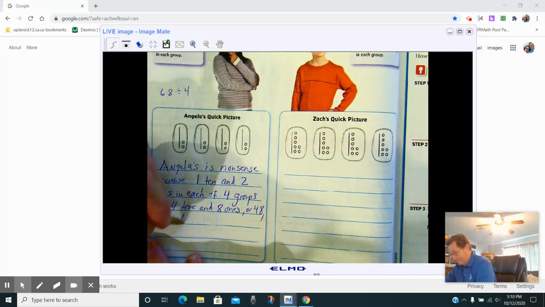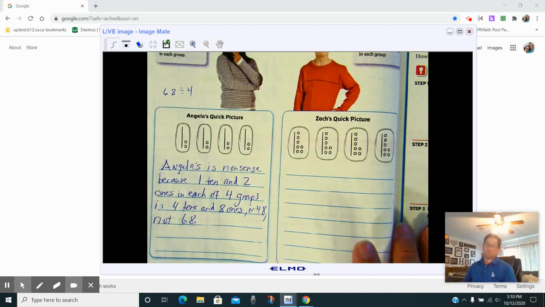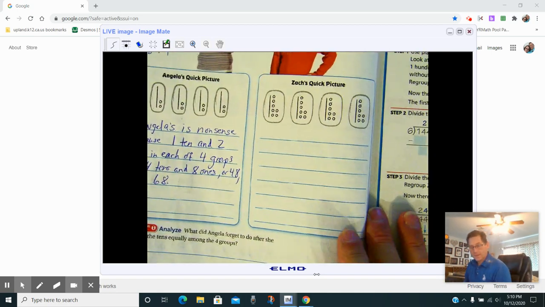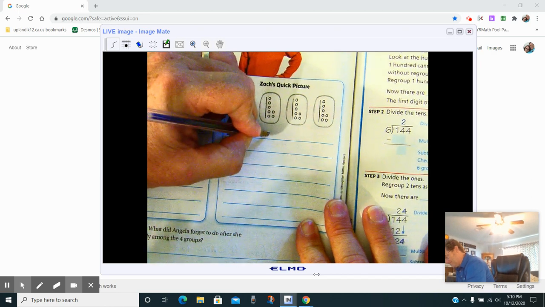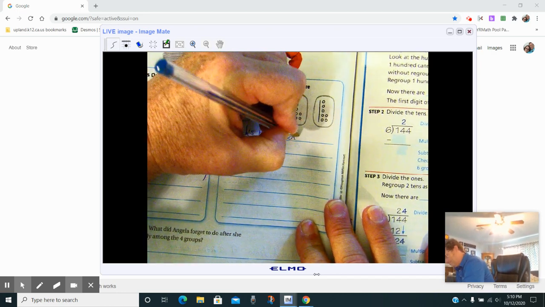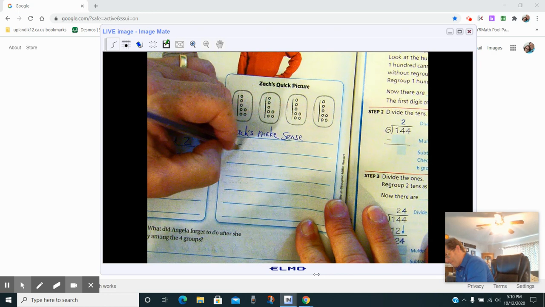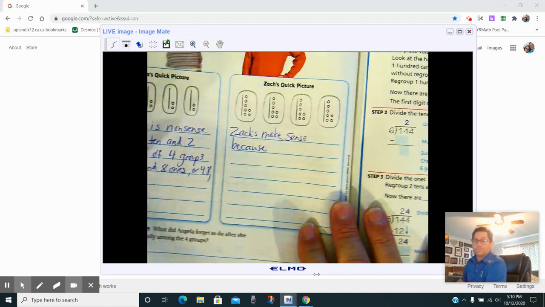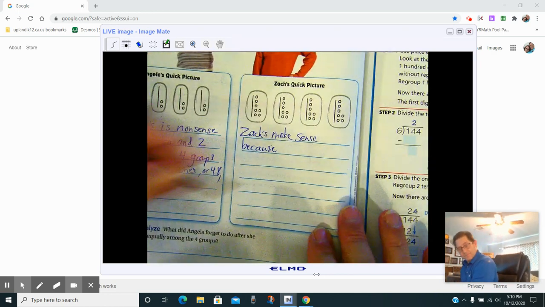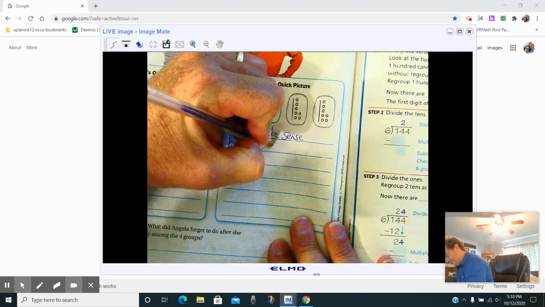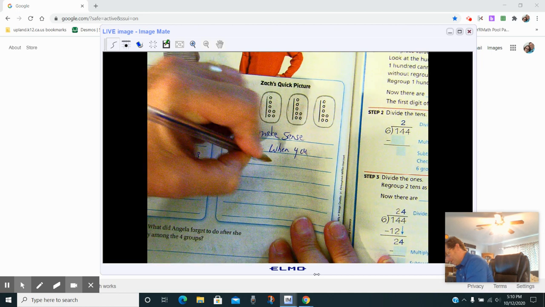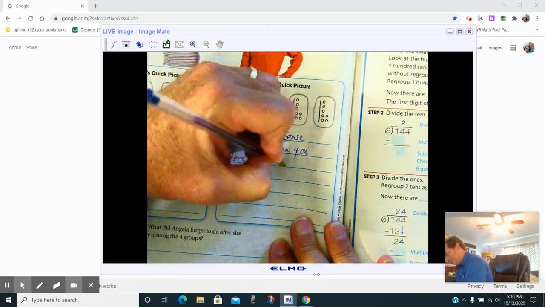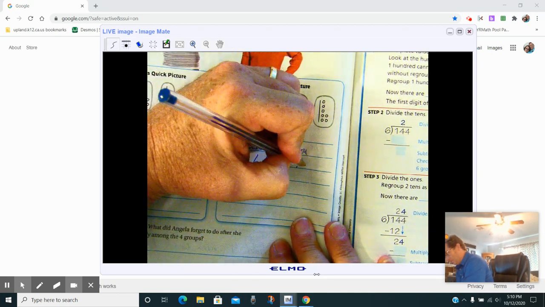Okay. Zach's makes sense. Right? Zach's makes sense because when you share 6 tens in 4 groups, you would have 1 10 in each group.